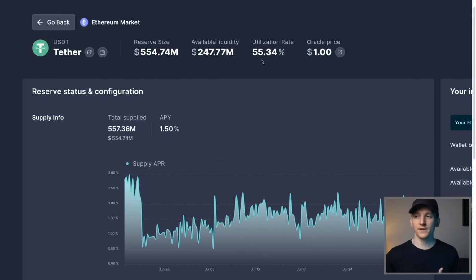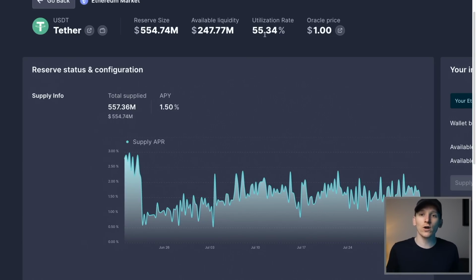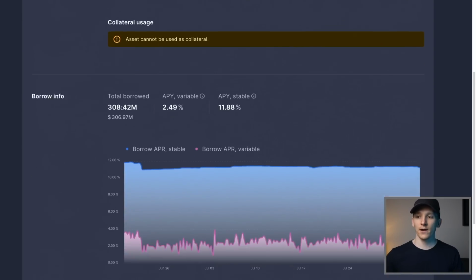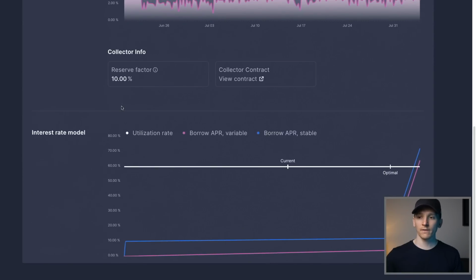If the utilization rate goes up to like 90 or 95%, then they will increase the interest rate to attract more people to deposit dollars and bring that interest rate down to a good supply and demand balance right there. You can see actually down here how the system does that. You can see the interest rate model, the utilization rate, borrow, APR, variable and stable. On Aave, you can borrow at a variable rate, or you can pay more money and actually borrow at a stable rate.